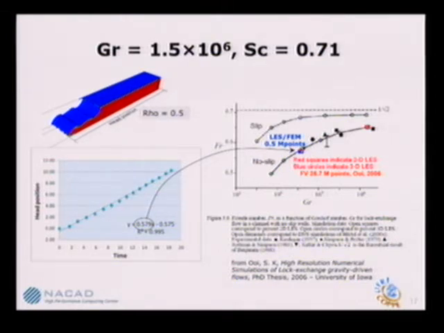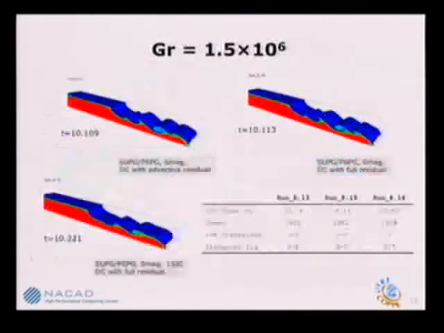And here we have the finite volume solution of Ooi in 2006 with 26.7 million points at the University of Iowa. Well, not bad for this low resolution, at least for this global feature. And we are particularly happy with this solution.